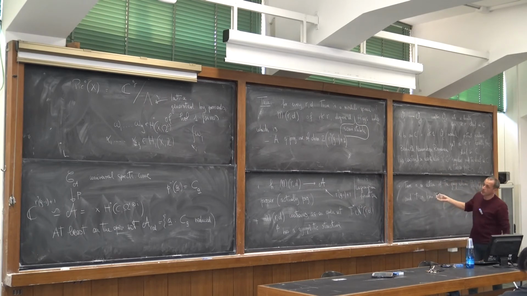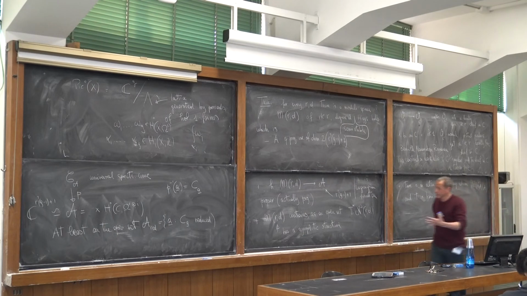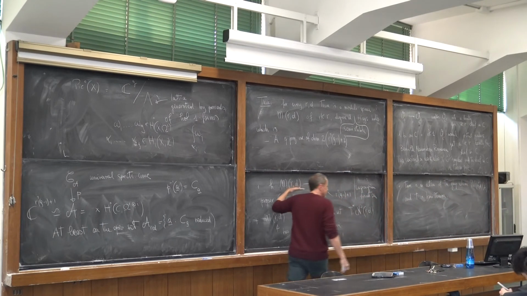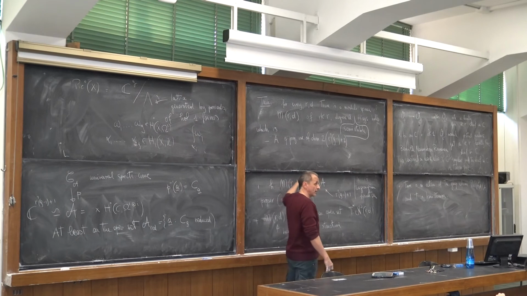So this action is Hamiltonian, and h is really the Arnold-Liouville map. Okay, so this is a Lagrangian fibration.